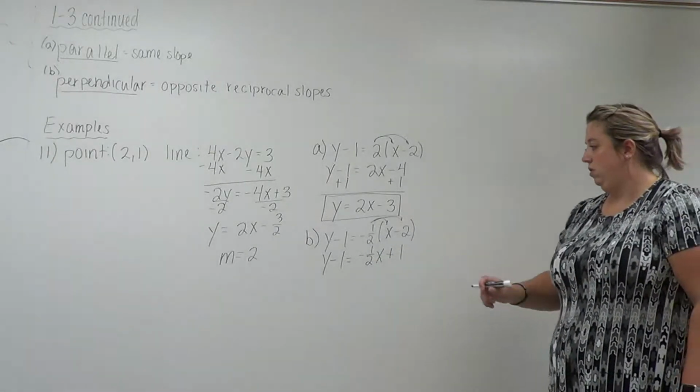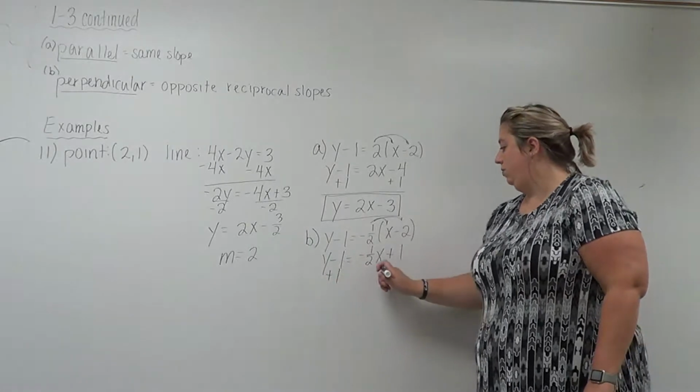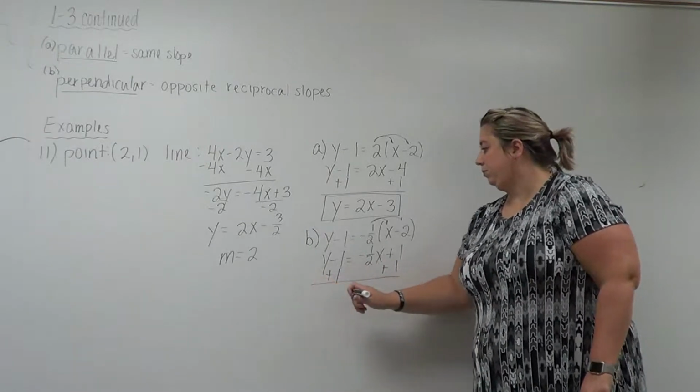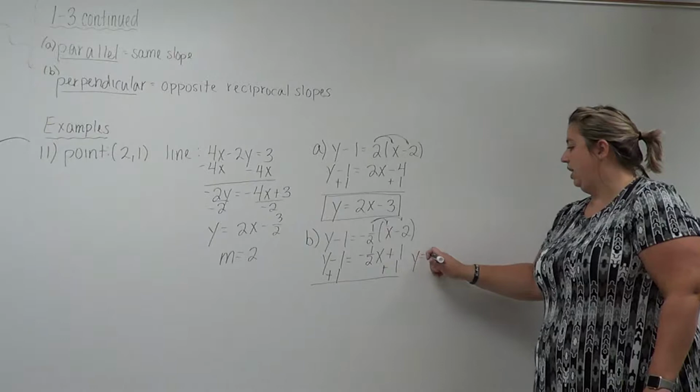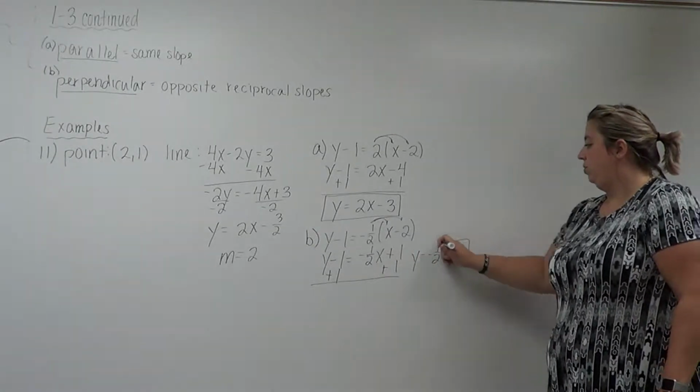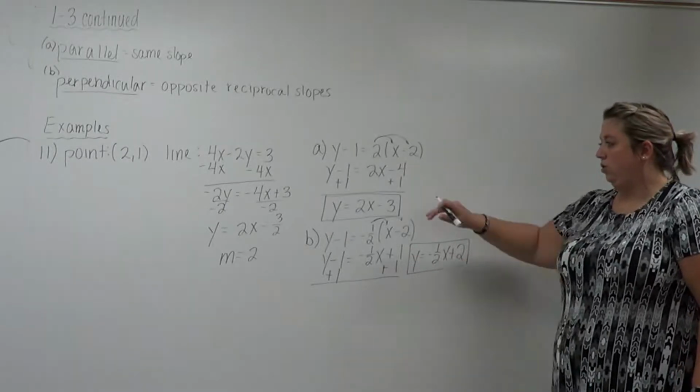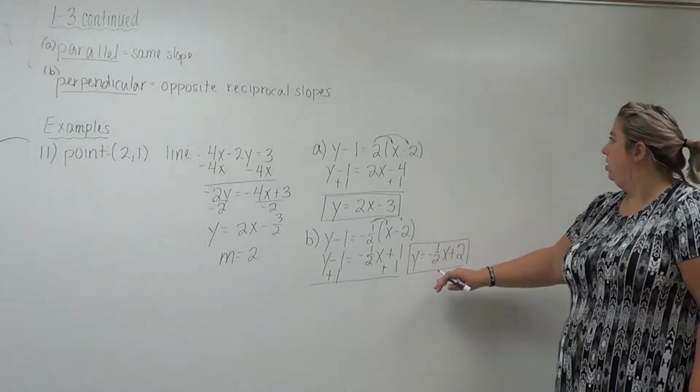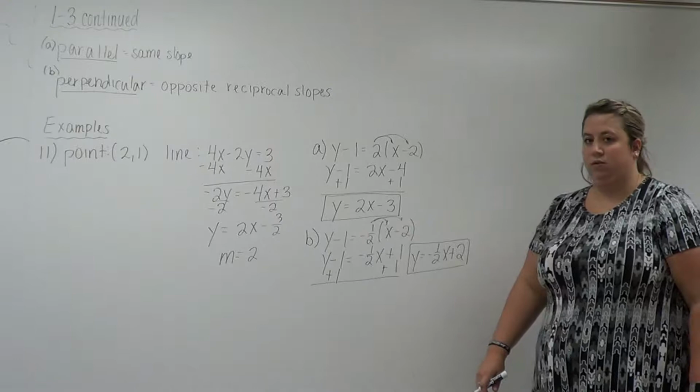And then I would add 1. y equals negative a half x plus 2. So the first one's parallel, the second one will be perpendicular.